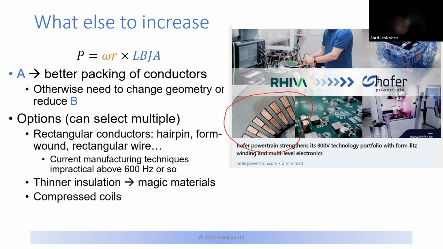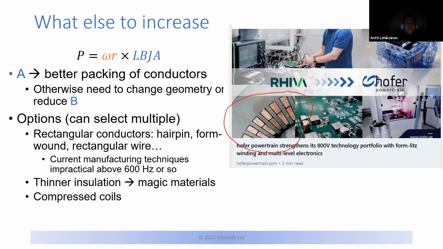So they work nicely for series production, and incidentally, they also improve the packing of the conductors because they are rectangular, they are easier to fit there inside the slots of the machine.